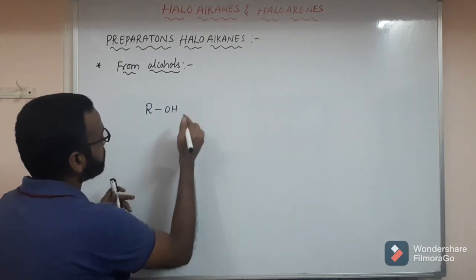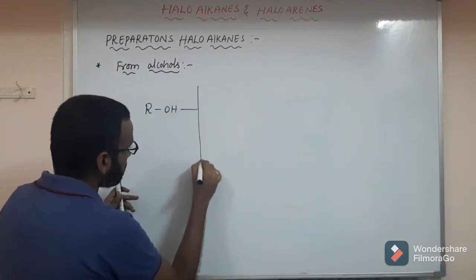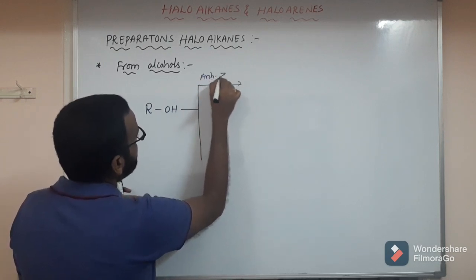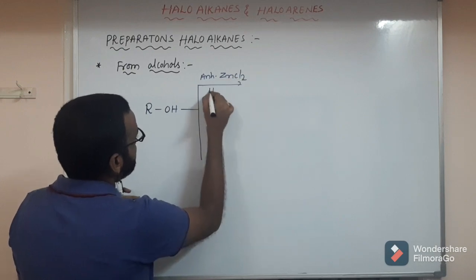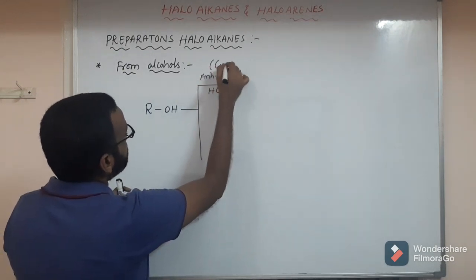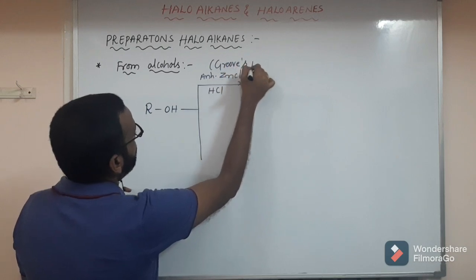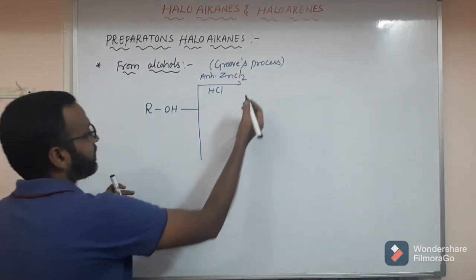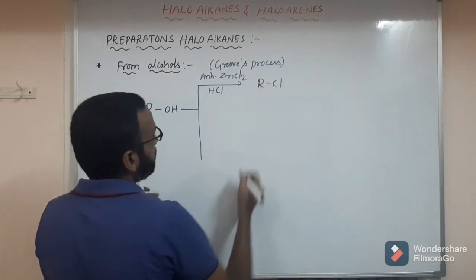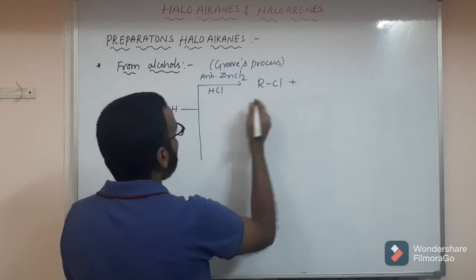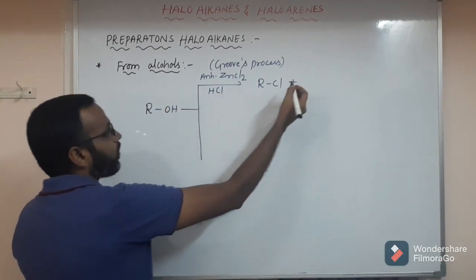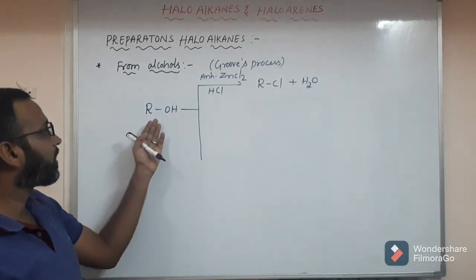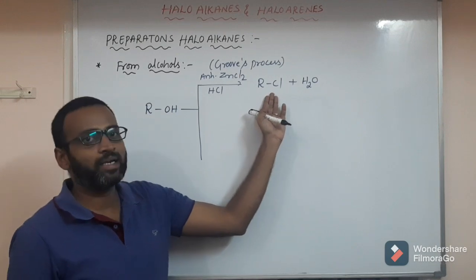When you treat this ROH with anhydrous ZnCl2 and HCl, which we call the Groves process, you have RCl and water. So alcohol is converting to alkyl halide.